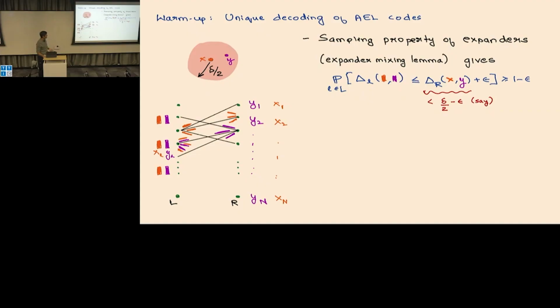Globally it is delta over 2 minus 2 epsilon, just to avoid any issues.